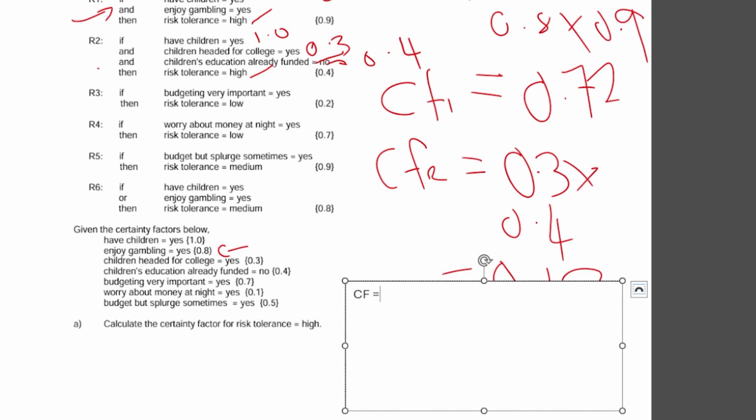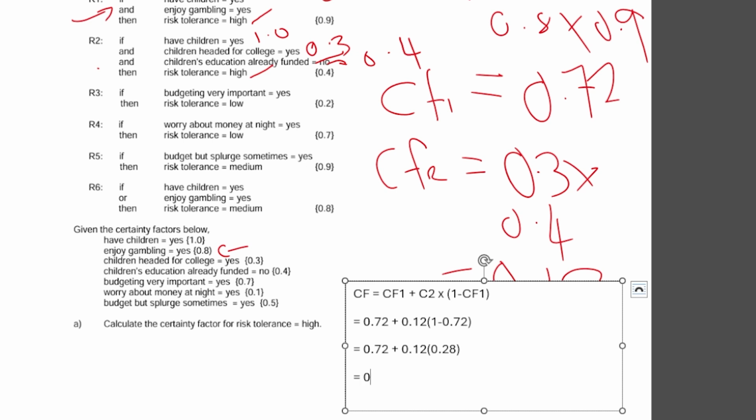So we have total CF equals CF1 plus CF2 times 1 minus CF1. Already you have to remember this. So 0.72 plus 0.12 times 1 minus 0.72.